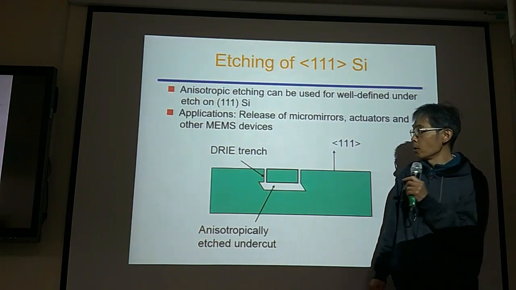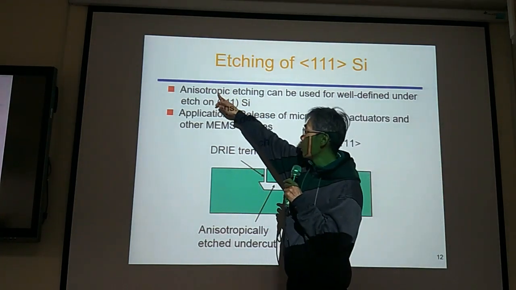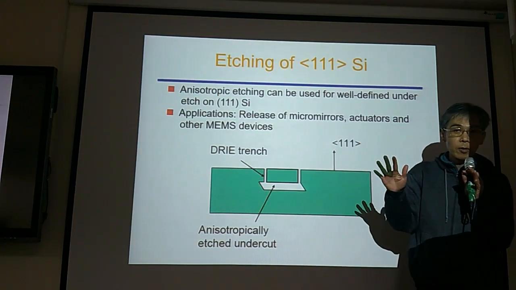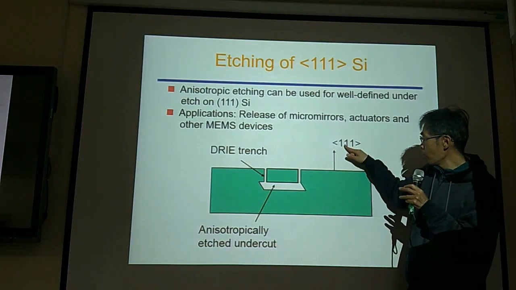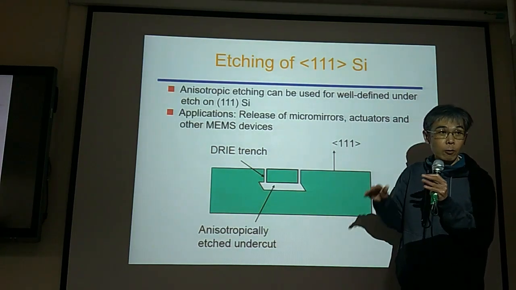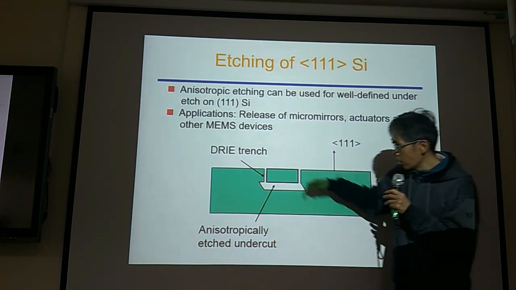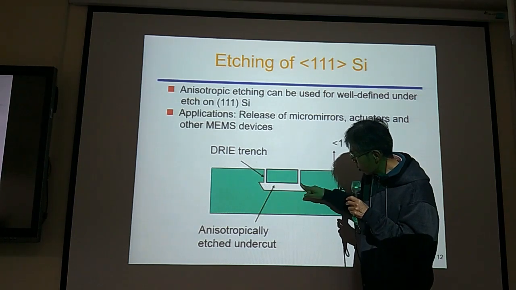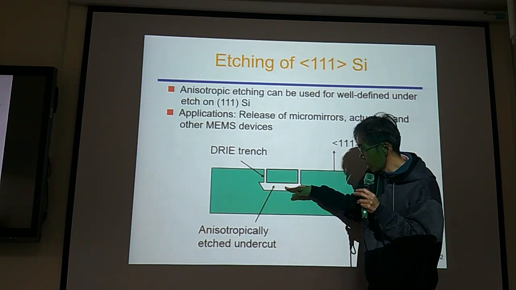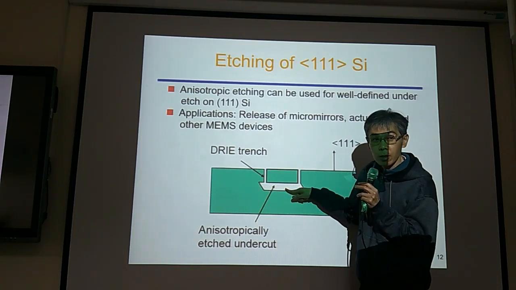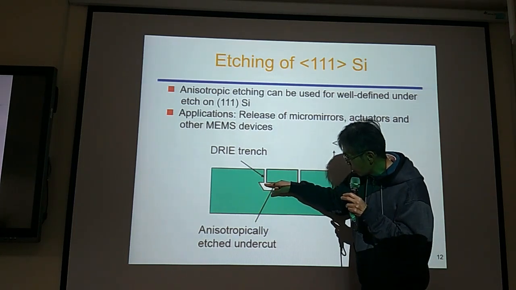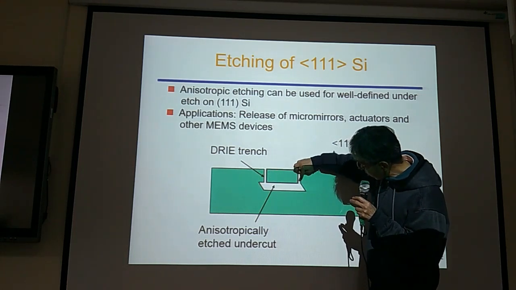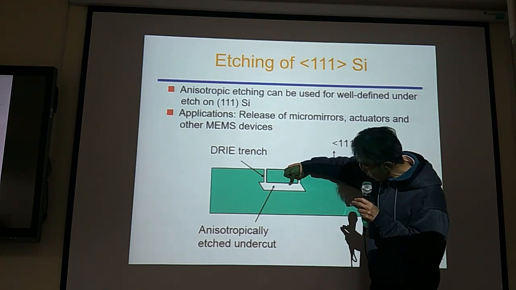Then after that, we use anisotropic etching. Now, different atomic surfaces have different etching speeds. Remember, 111 etches very slowly. So this is the 111 surface. So if you want to go deep, it's very difficult. It's easy to go sideways. So for the etching, go here and go sideways. And this one, go down a little bit, but go sideways a lot.